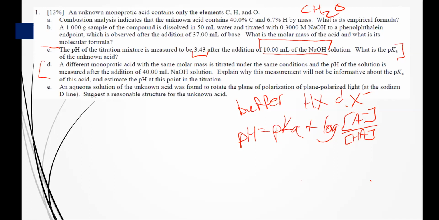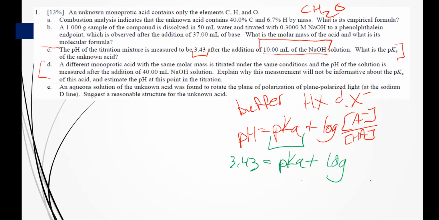So if we're looking for our pKa here, we're looking for this section. We know the pH is 3.43. We don't know our pKa. Now, do we know how much A minus and how much HA we should have?